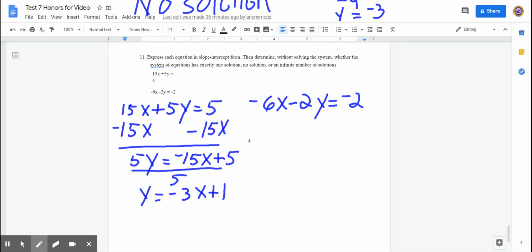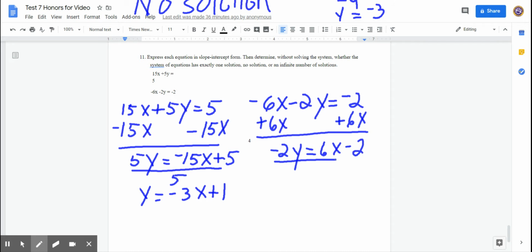Now we're going to do the same thing over here. So we're going to add 6x to both sides. And we get negative 2y equals 6x minus 2. Now divide everything by negative 2. Y equals negative 3x plus 1.